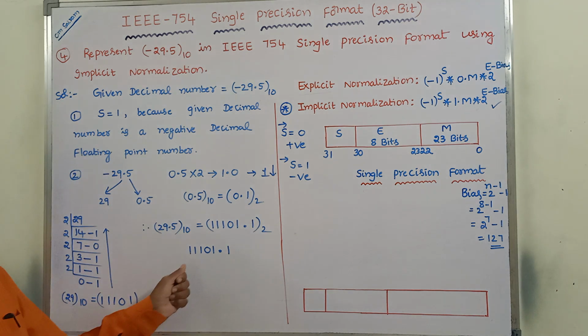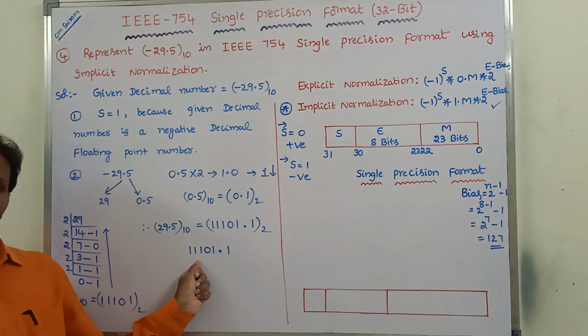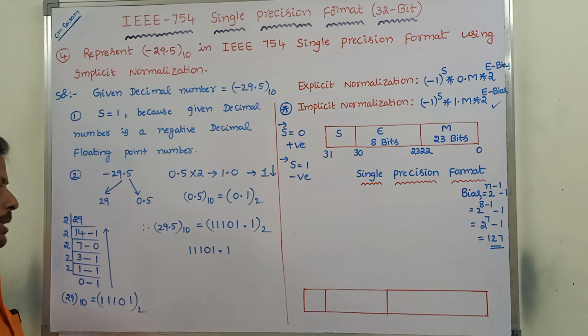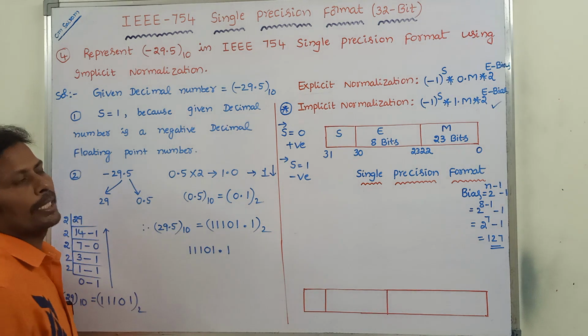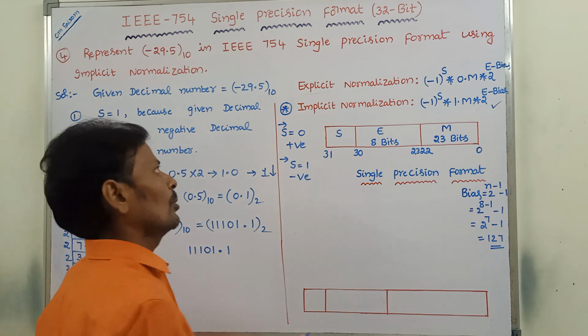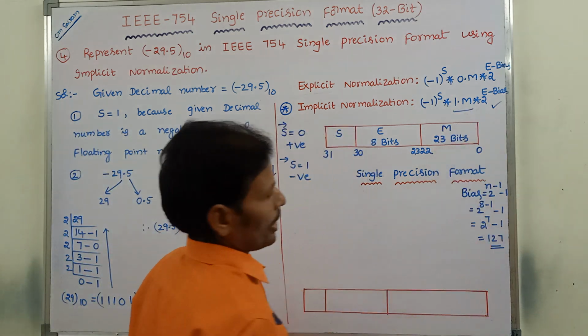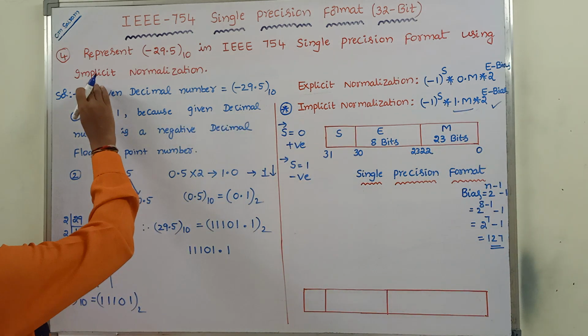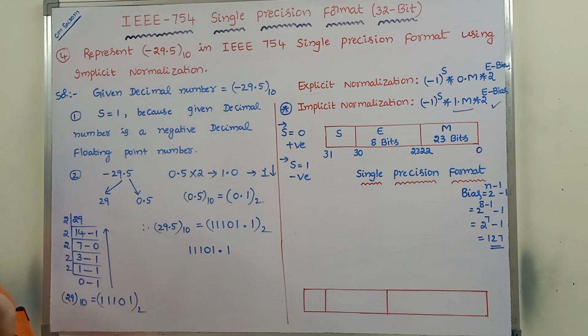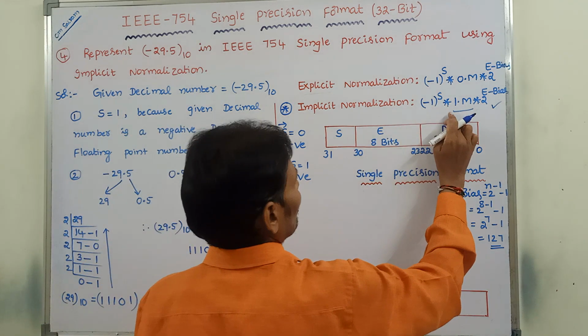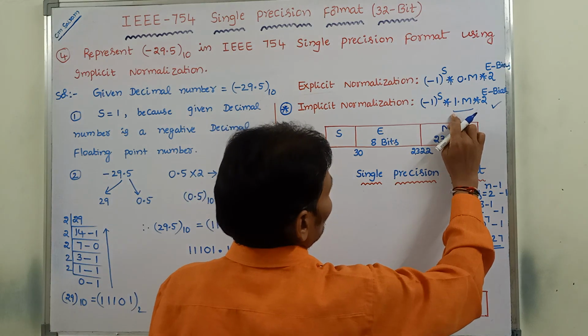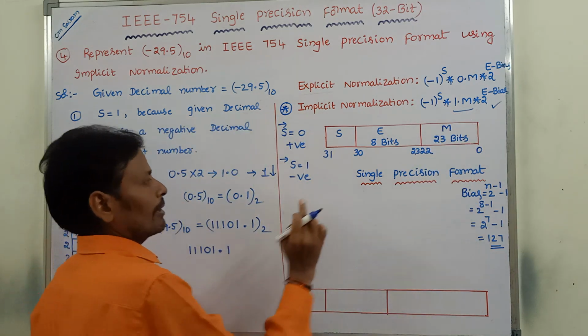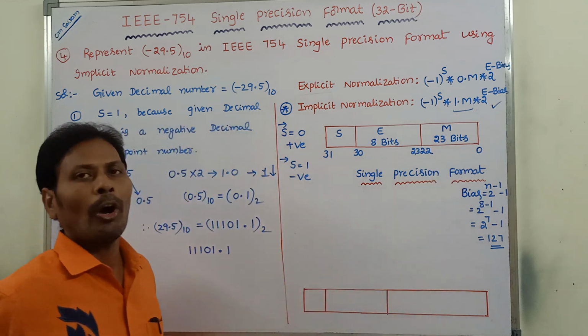Okay, so this is the binary equivalent we are getting. Now this binary equivalent can be converted into implicit normalization form. In the given problem, use only implicit normalization. In implicit normalization, you have to write this binary equivalent in the form of 1.m.